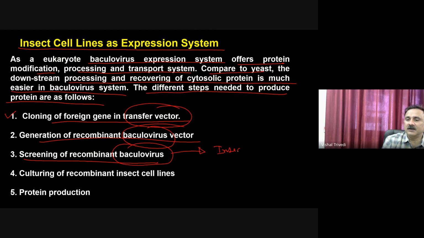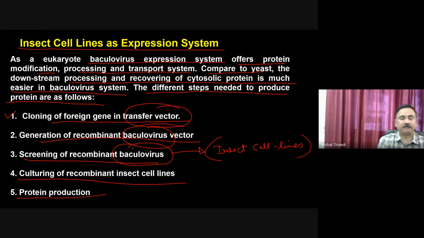It inserts your transfer vector into the insect cell lines. It has an advantage also: once you generate the baculovirus, you don't need to do the transformation. You can just infect the cells with the baculovirus, and it is going to transduce your transfer DNA into the cell lines. Then you can culture the recombinant cell lines.